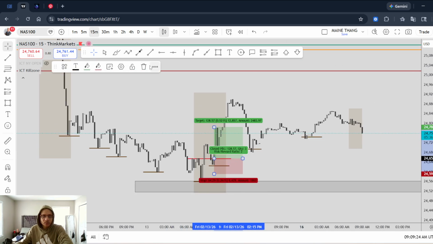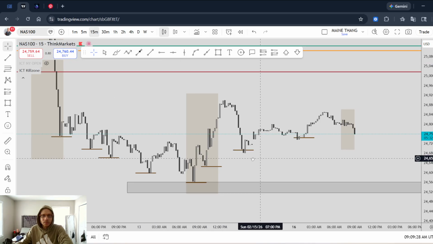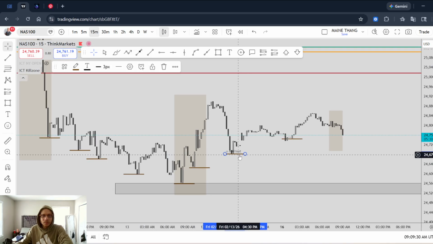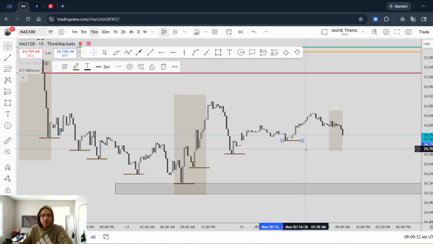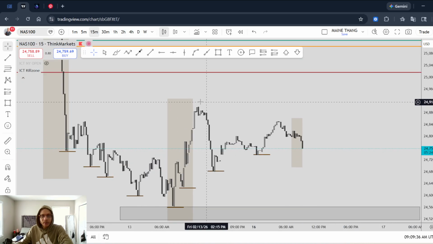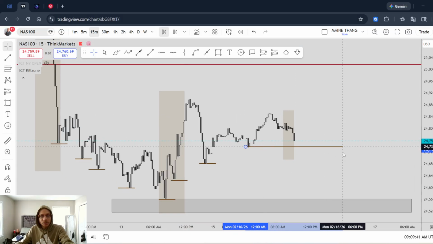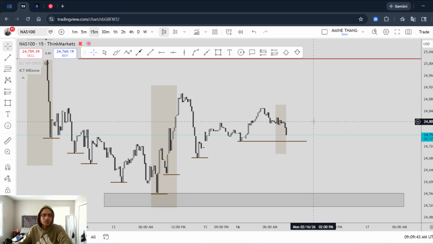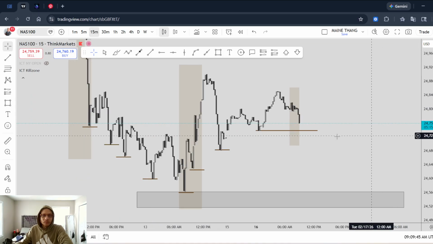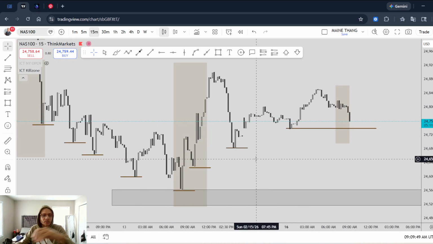And so now we are waiting for one of these higher lows to break, right? So right now, currently, we do have a lower high. We want to see this low break.